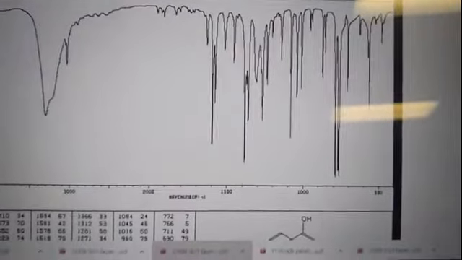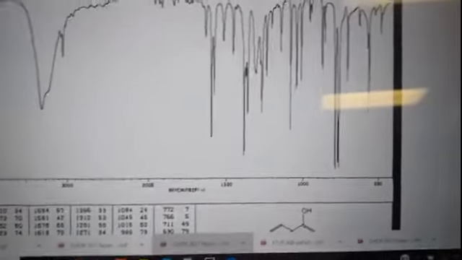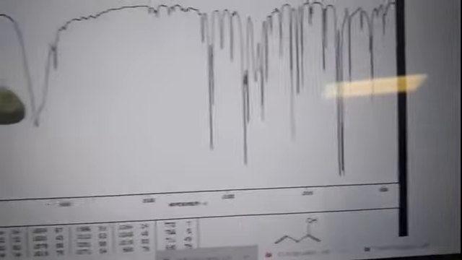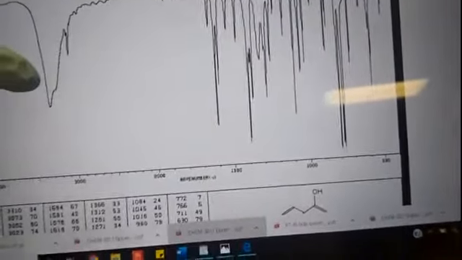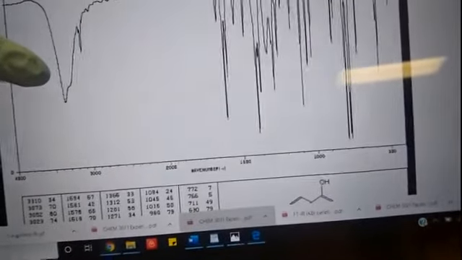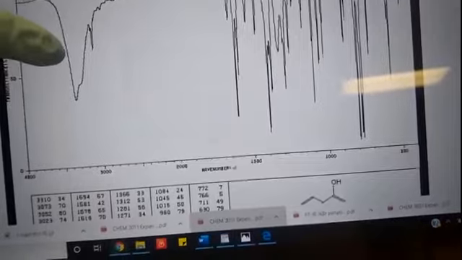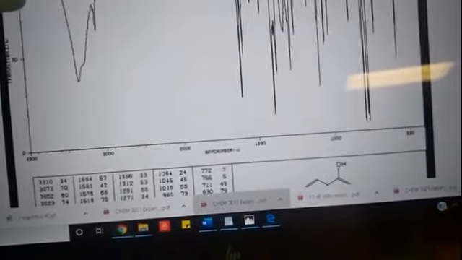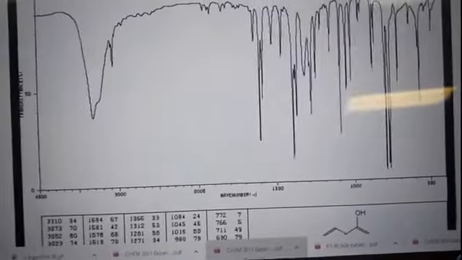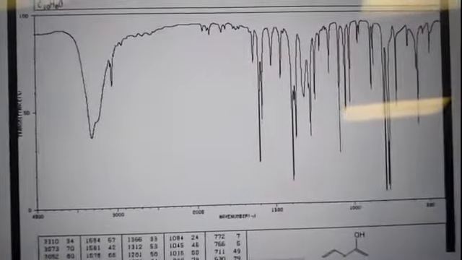If you look at your IR interpretation tables, you'll see that in this range, this 3300-ish range, this broad stretch signal would indicate an OH stretch. So that confirms your suspicion that you have a phenol.